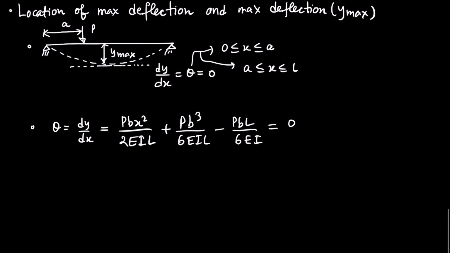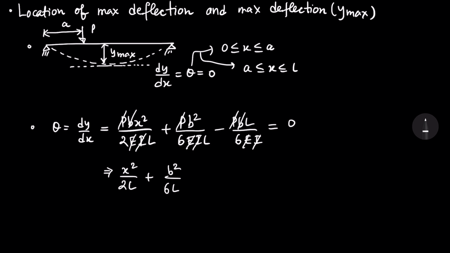So when I put this value equal to 0, EI terms get cancelled out. Now P term also gets cancelled out. Now B term gets cancelled out, this becomes b square. So this implies x square upon 2L plus b square upon 6L minus L by 6 equals 0.